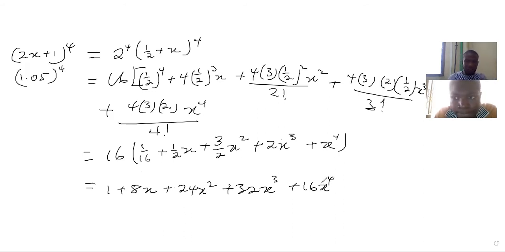That is what you have, eh? Yes. So if this is what you have, then it's correct. Instead of writing it as 2x plus 1, I wrote mine as 1 plus 2x, because addition is commutative.